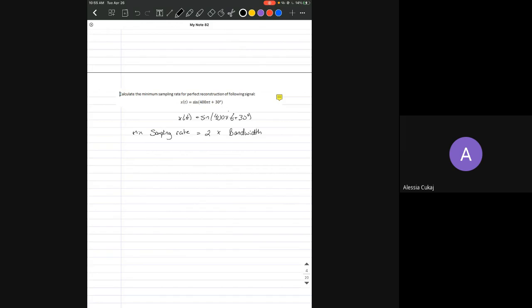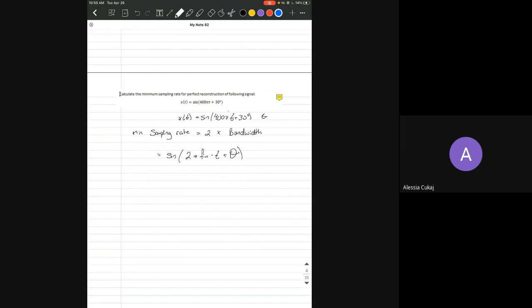To find the bandwidth, we have to put the signal into the generalized form, which is sine of 2 pi f_in times t. Let me rewrite that because it's really close together and I don't want to confuse you. All right, 2 pi f_in times t plus the angle.